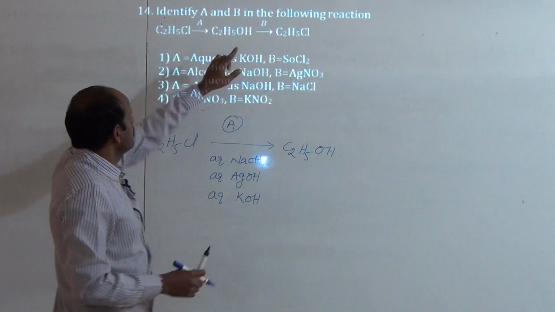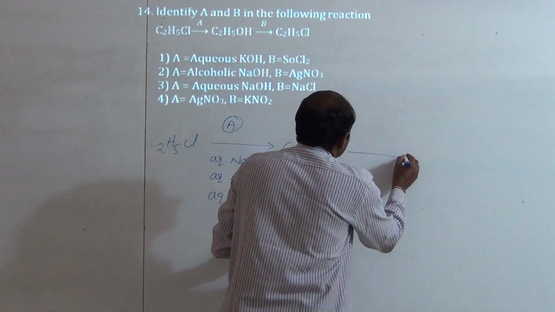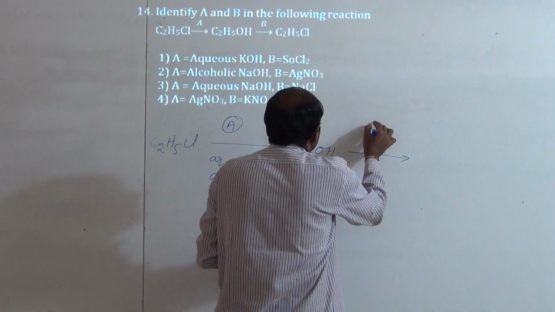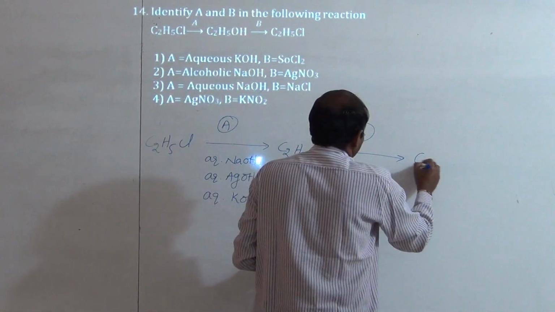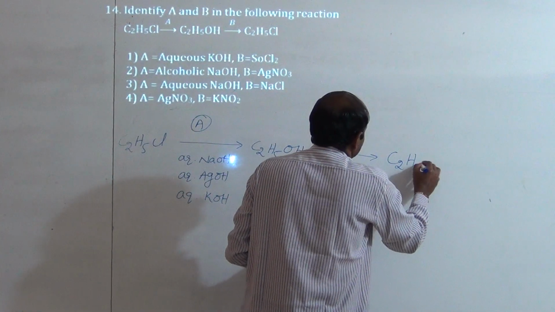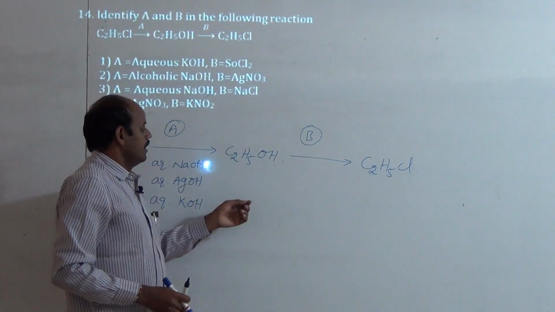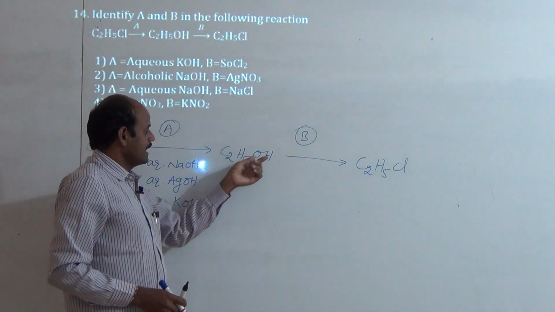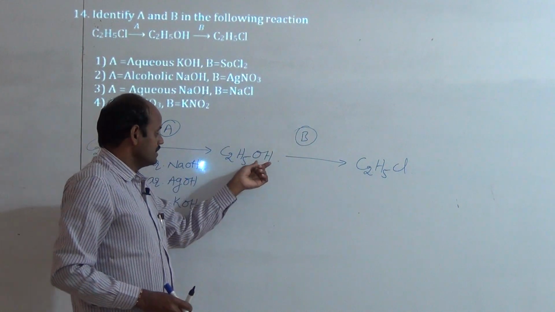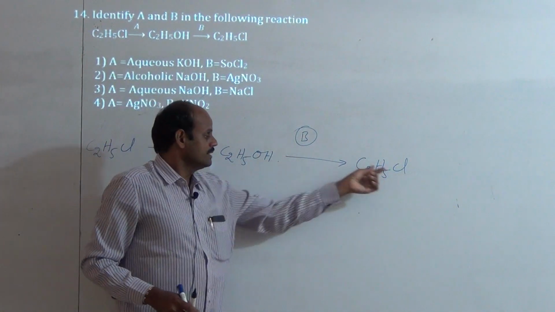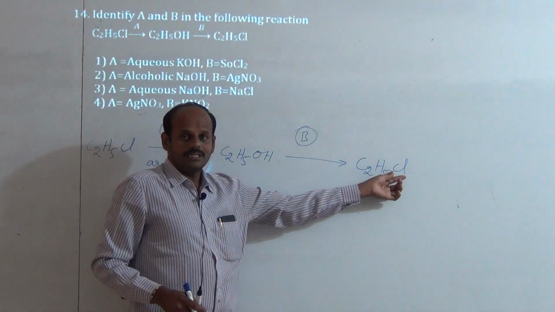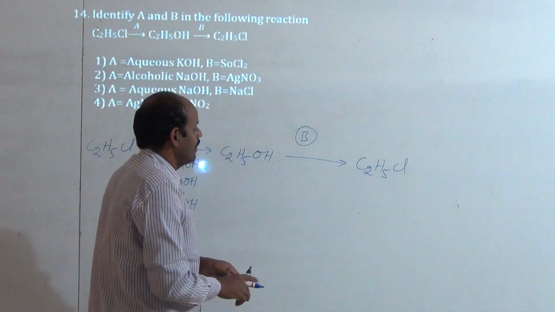Next one here, on reacting with B, here also B is not given, but product is given. What is that? C2H5Cl. So here this ethyl alcohol is reacted with which reagent? That means it is the conversion of alcohols into chlorides, alkyl chloride or haloalkanes.